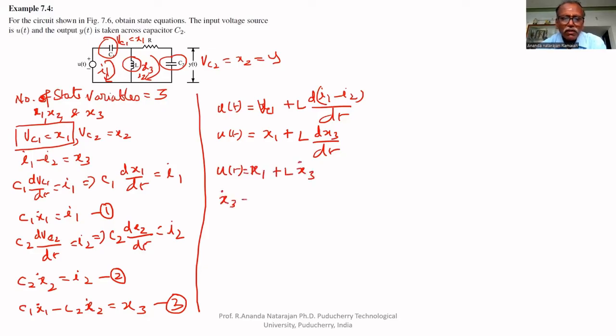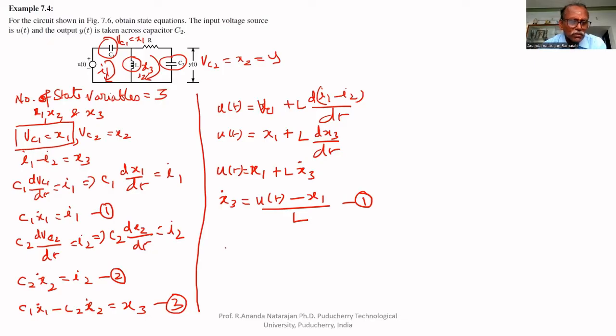Therefore, x3 dot equal to (u of t minus x1) divided by L. That is the first equation. We got one equation. Similarly, we can find for x2 dot also.